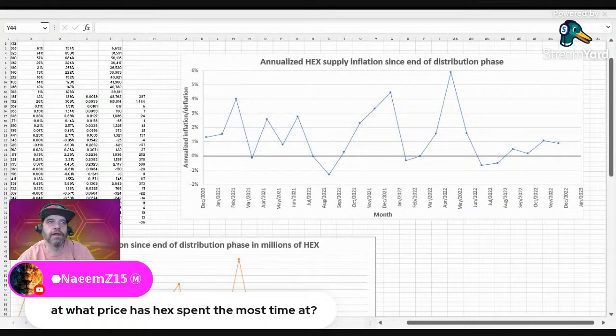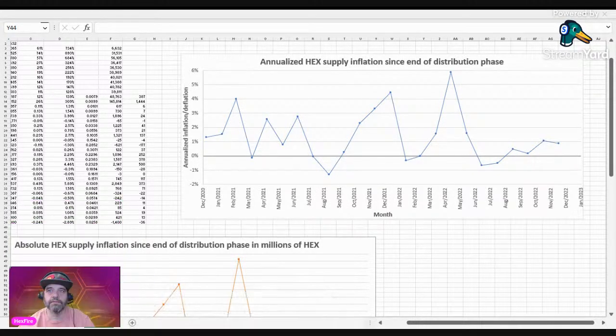Naeem, I think it's Naeem, but your pronunciation. I don't have that at the moment, but that'd be a really cool metric to put together. And we have the data, right? So we can do that and just kind of range it and say how many days Hex has spent in this range or that range. That might be a pretty cool one. Because we typically, at least this is what I do, I'm not a TA guy, not able to really do that very well. But I have some rudimentary stuff that I follow, and so one of the things I'll look for is exactly what you're saying.